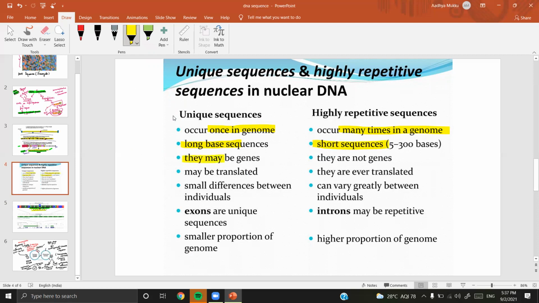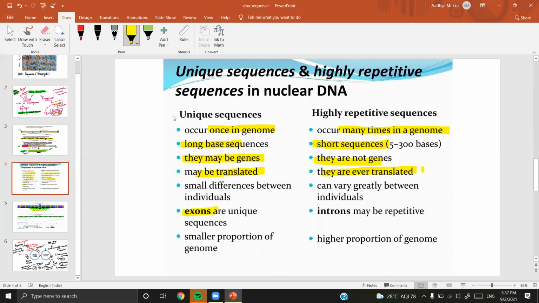Unique sequences contain active genes coding for proteins that are translated, but repetitive sequences may not code for any proteins at all, because mostly they are introns, while the unique sequences contain exons.